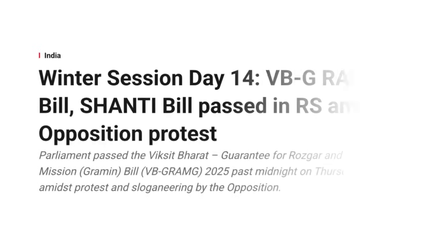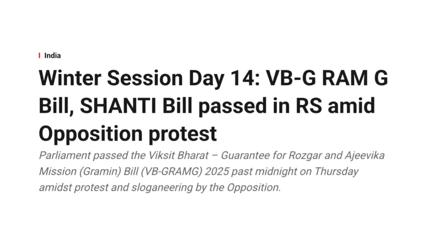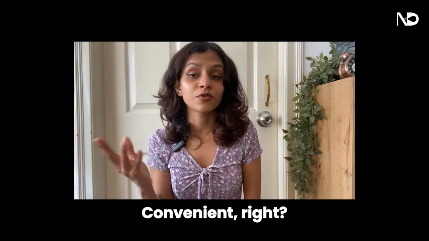And if recent examples of the 18th Lok Sabha are to be considered, then the Shanti Bill and the VBG Ramji Bill were passed during opposition walkouts. These examples of time spent on debating are just instances where bills see lopsided participation, with the opposing voices missing in action, out of choice, and the ruling government not pushing for participation by all, convenient for them if nothing else.